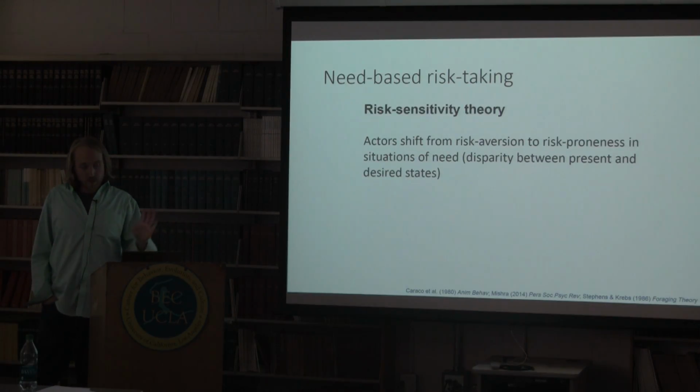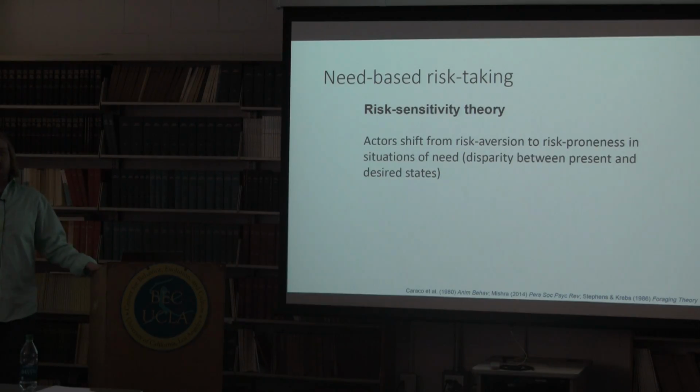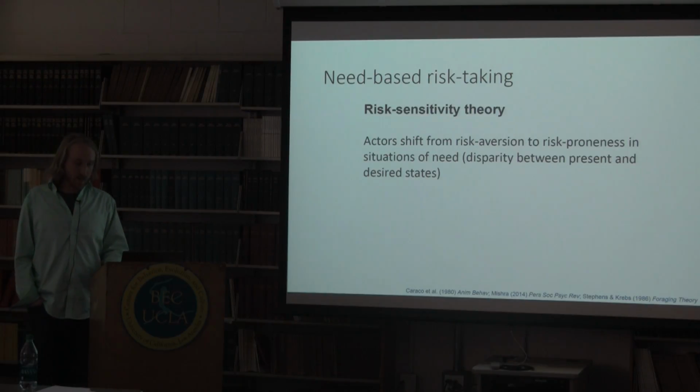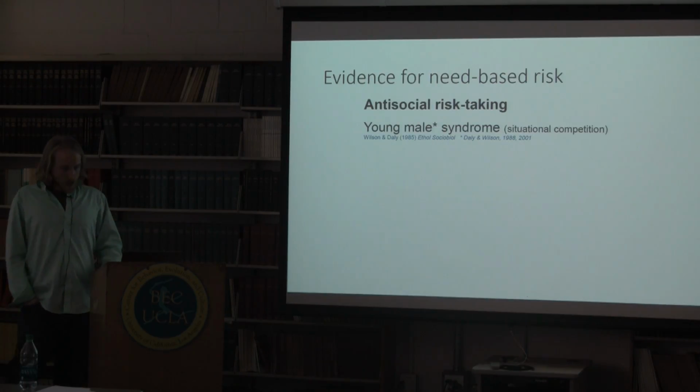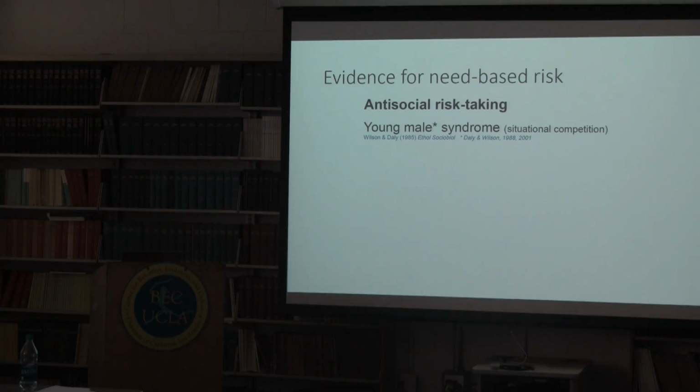So again, need-based risk-taking, it's based on risk sensitivity theory. It's based on actors shifting towards risk preference as a need or a disparity grows. So there are bodies of evidence that seem consistent, that the need-based framework helps you to think about.